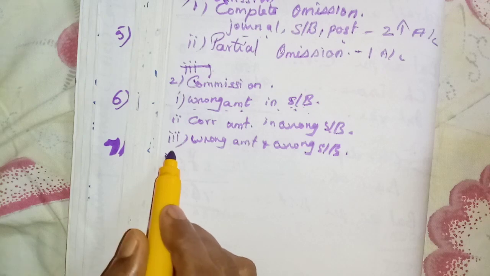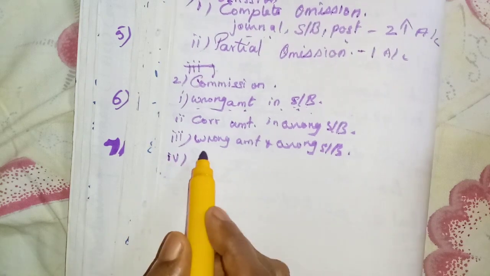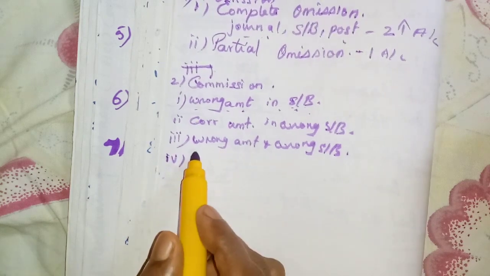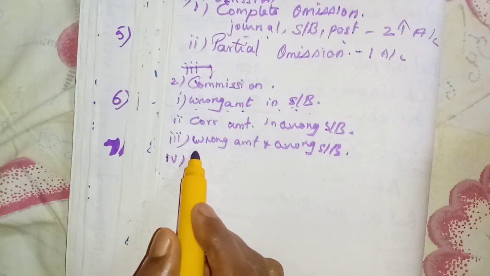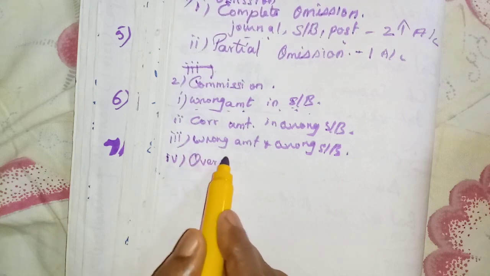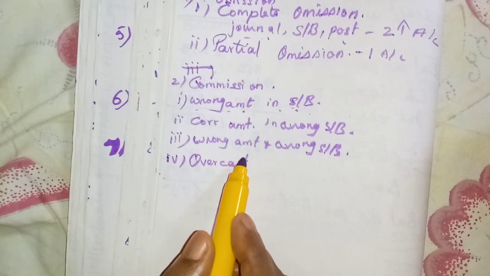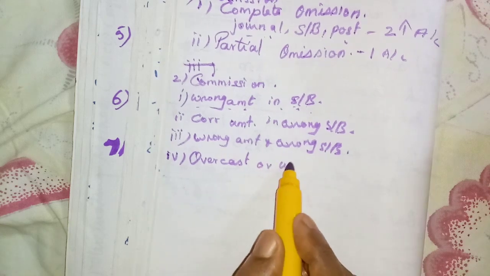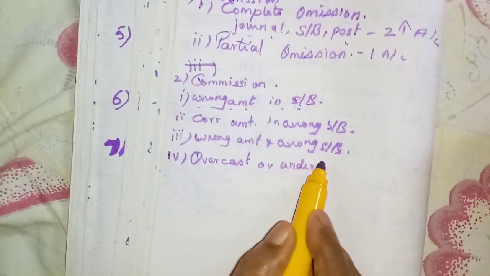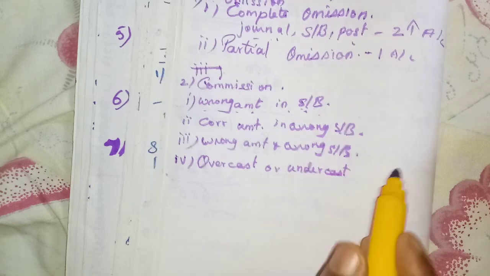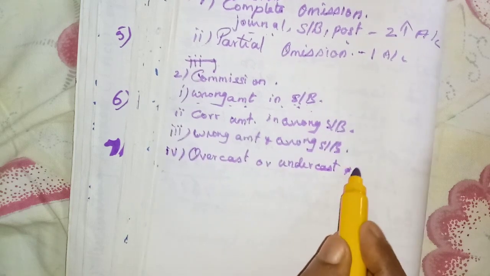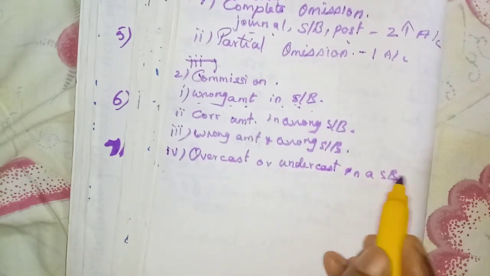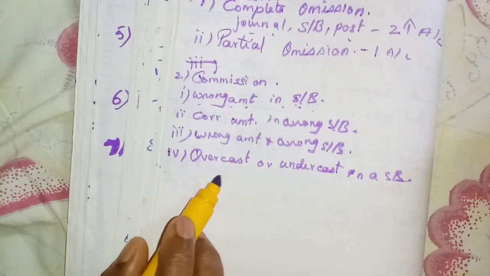Then, when they total the subsidiary book, either it will be overcast, meaning instead of 500 they add and write 600, or undercast, where instead of 500 they write 400.